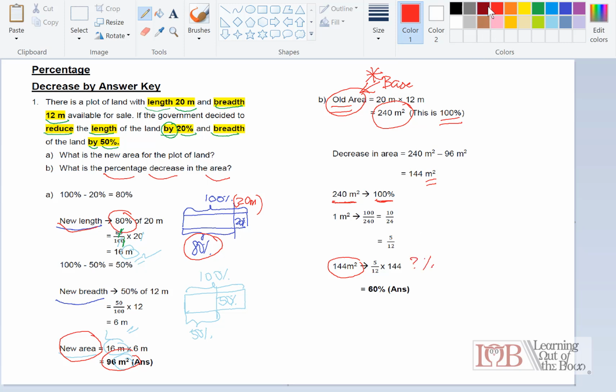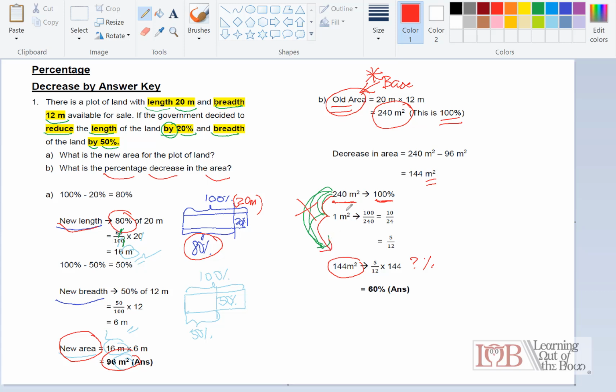If your maths is pretty okay, you may want to try this. This is called a jump. You want to go from 240 to 144, right? But you can't just go like that, this is wrong. So you need to do a double jump, 1 jump and 2 jump.